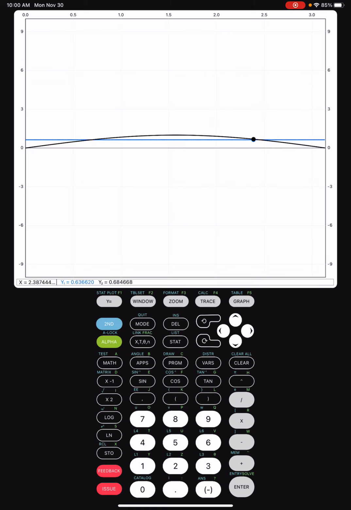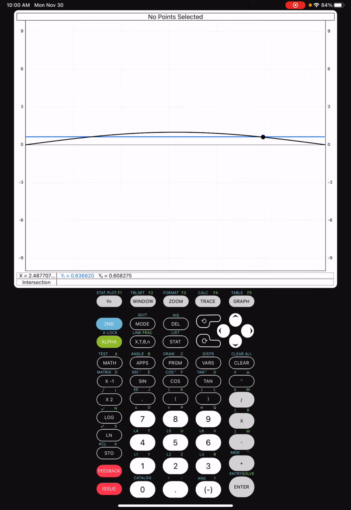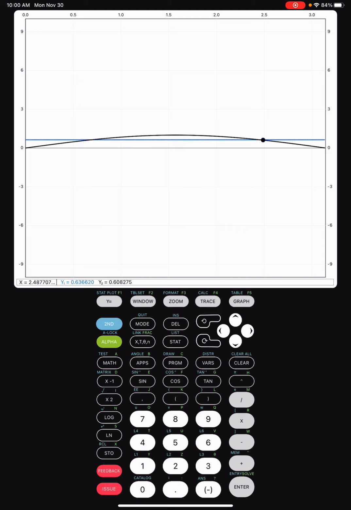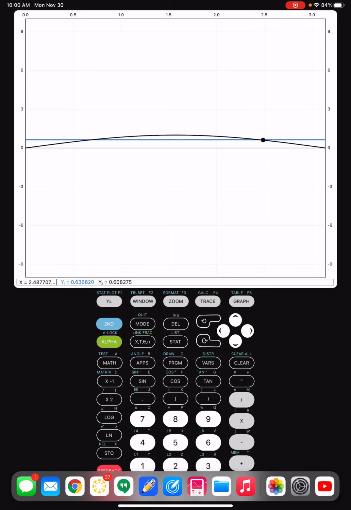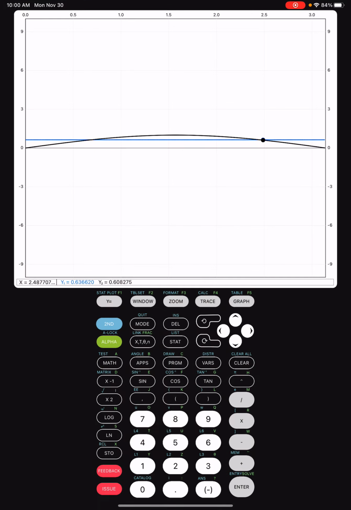But there's another one. So I'm going to go ahead and just use my intersection, second calculate, intersect. I just need to get close to this one, and I'm going to hit enter, enter, enter. So when x is 2.48770, so when c is 2.48770 or something like that.